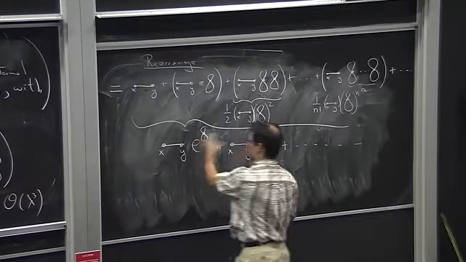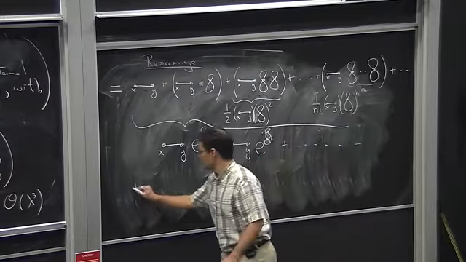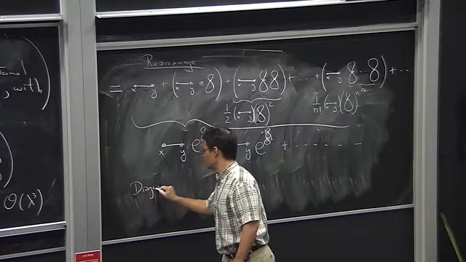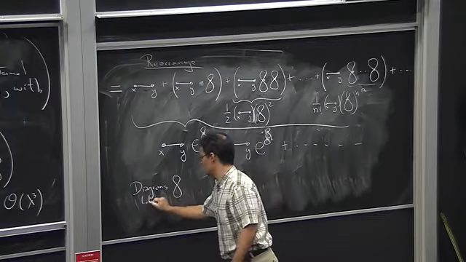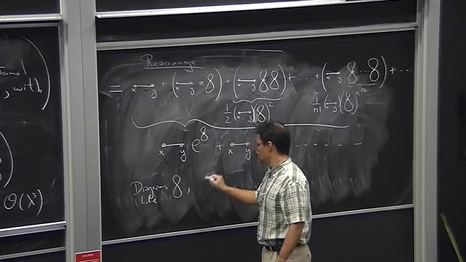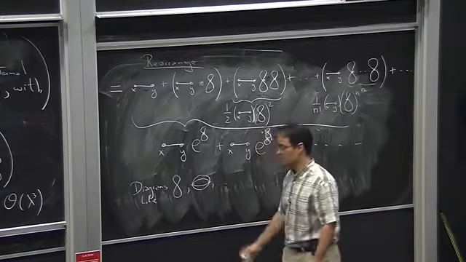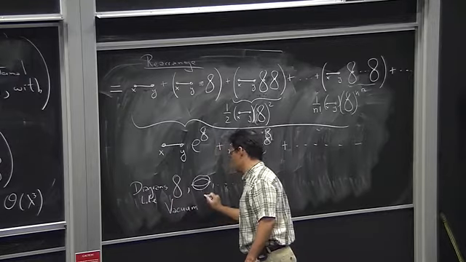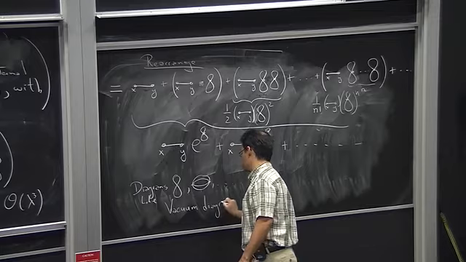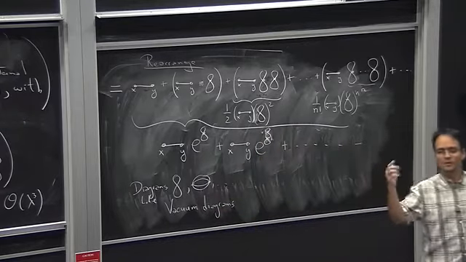Now, these diagrams that are not connected to anything, diagrams like this, diagrams like this, and so on, are called vacuum diagrams. Because they really don't know anything about the external world.